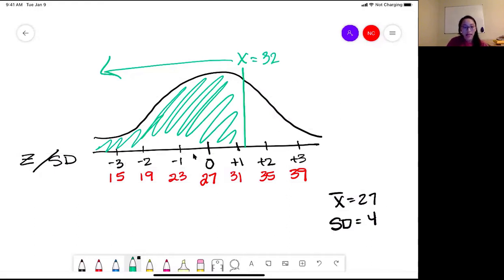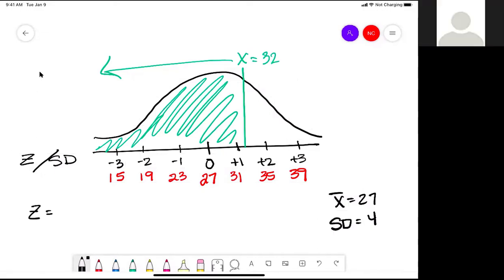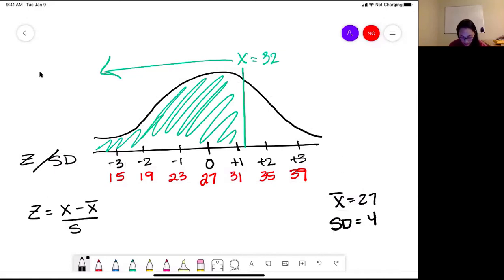If we look at our formula in our PowerPoint, the calculation for a z-score is z equals the raw score minus the mean, divided by the standard deviation.